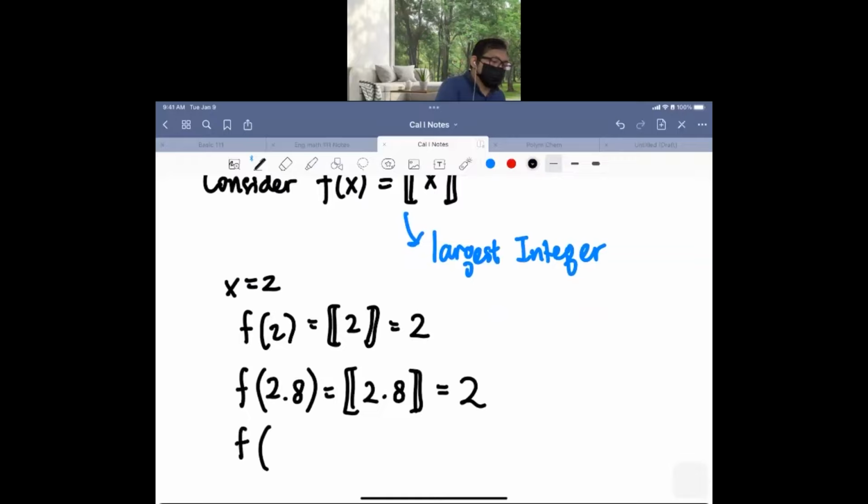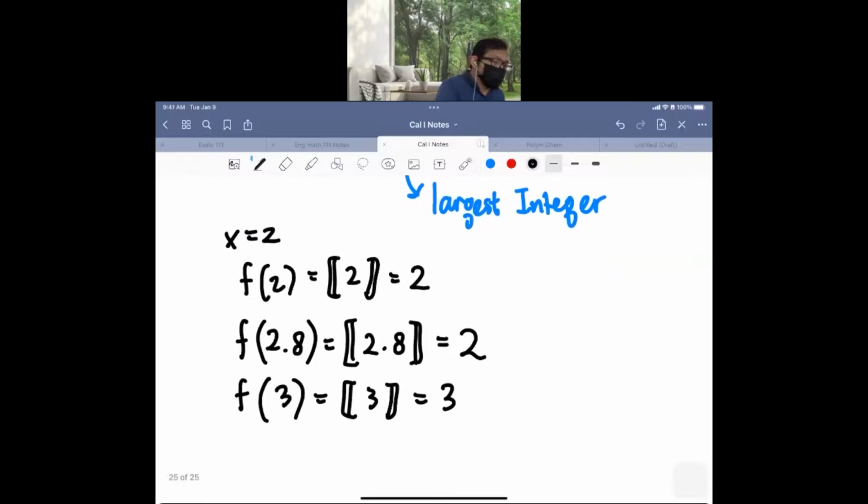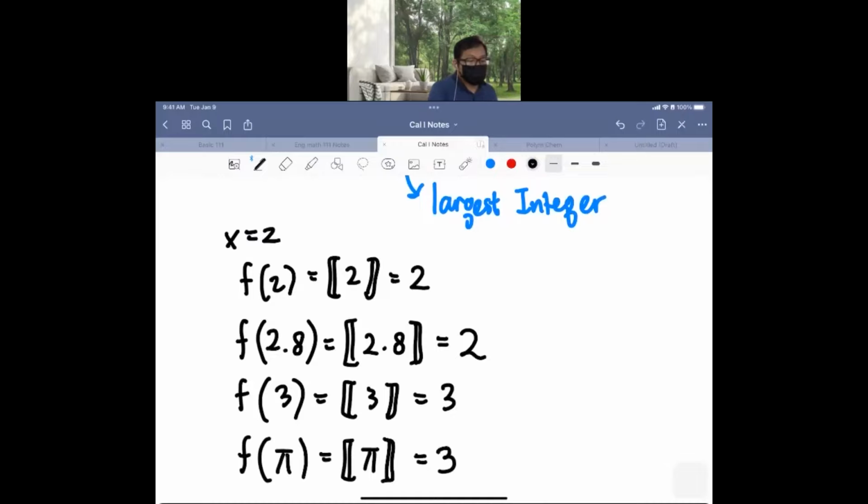And we have, let's say, 3. This will give the same result, 3. But what if we have pi? Pi, if you remember, is 3 point something, 3.14 decimals. So we take the largest integer, and this is 3.